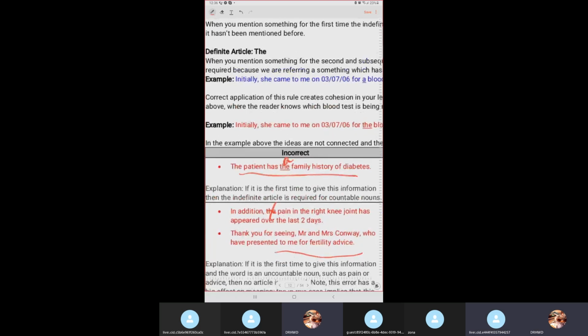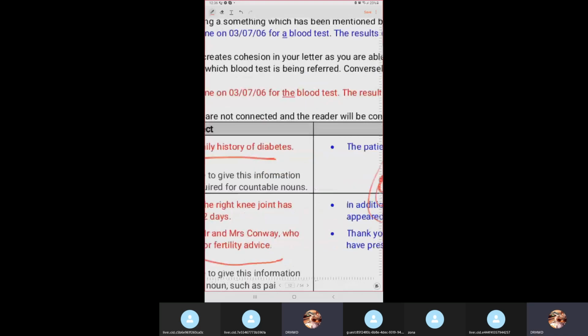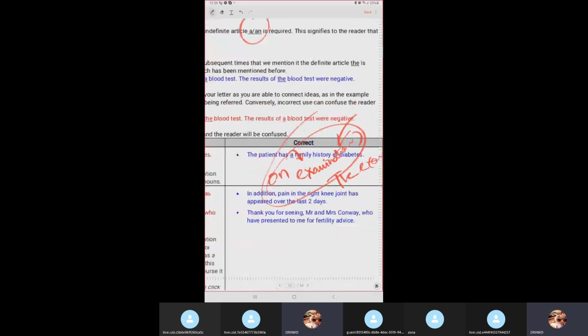Dr. Pavi, any incorrections here? I'm not sure, but thank you for seeing Mr. and Mrs. Conway, who have presented to me for some fertility advice. All right. Now let's see if it's correct. It doesn't need any correction. You can even say some, but it doesn't need any correction. Dr. Narjinder was right.